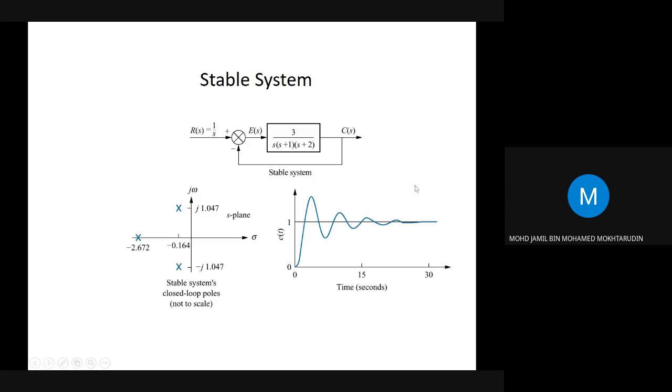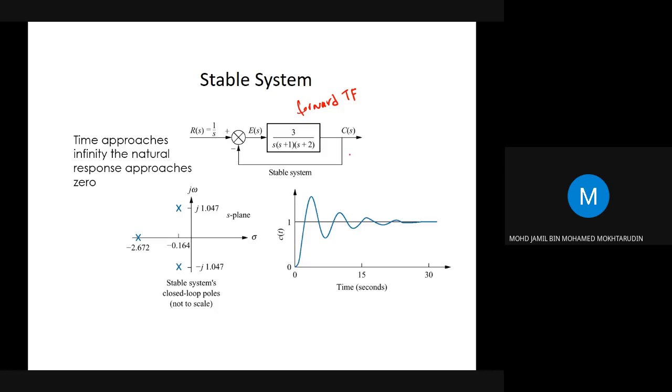So let's look at an example of how to determine a stable system. Let's say you have a block diagram as shown here. The top one here, we call it forward transfer function.